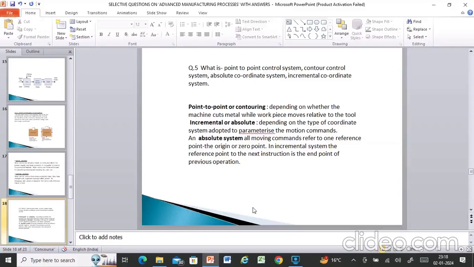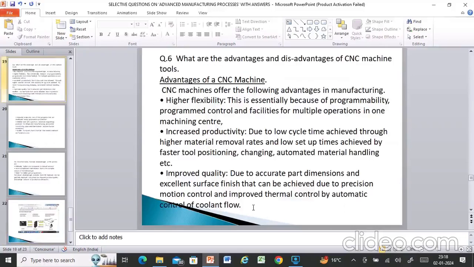So x2 is measured from x1 only. And in an absolute system, whether it is x2 or x1, the distances are measured from the origin. So all the coordinates are measured from the origin. It is called the absolute system. And if it is measured progressively from one point to the other, it is called the incremental system.